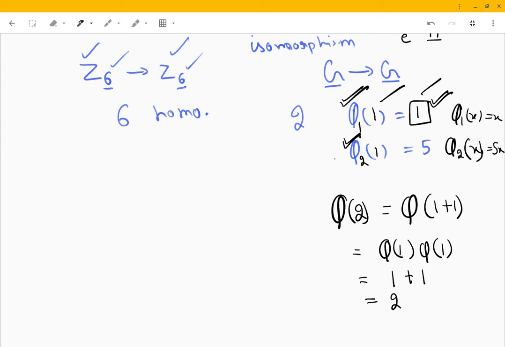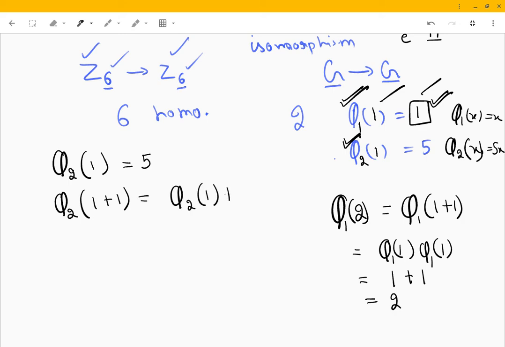This is more interesting. Let's see this. Phi2 is sending 1 to 5. So phi2 will send 1 plus 1 to phi2 of 1 plus phi2 of 1, which is 5 plus 5 mod 6, which is 10 mod 6, which is 4.